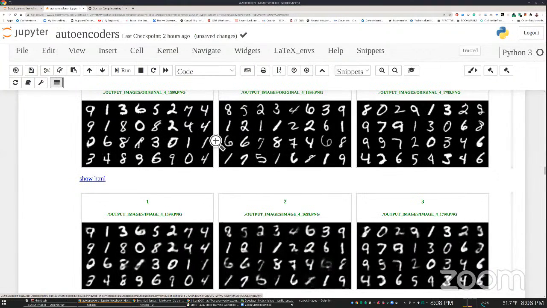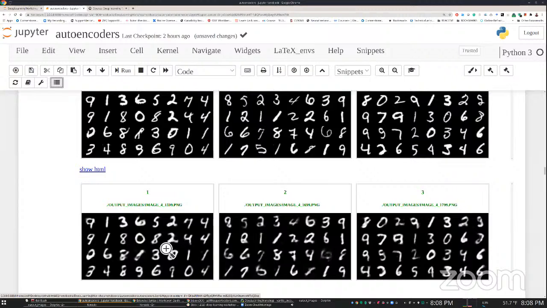The first row is original images, and below every original are the reconstructed images through the autoencoder. Would you agree that the reconstructed image is a little blurrier, but it is still a fairly good representation of the original? Would you feel that, guys?